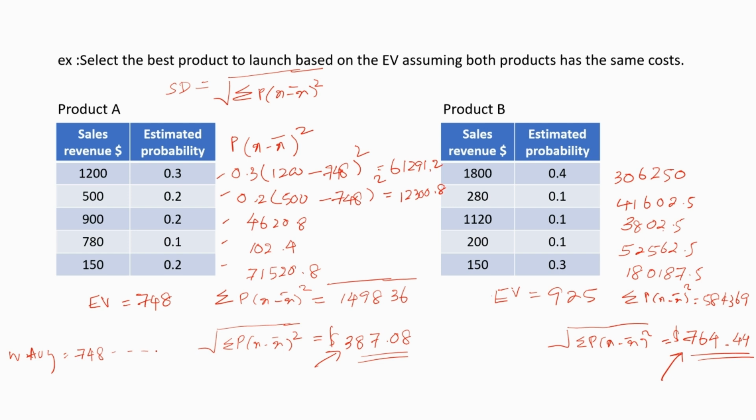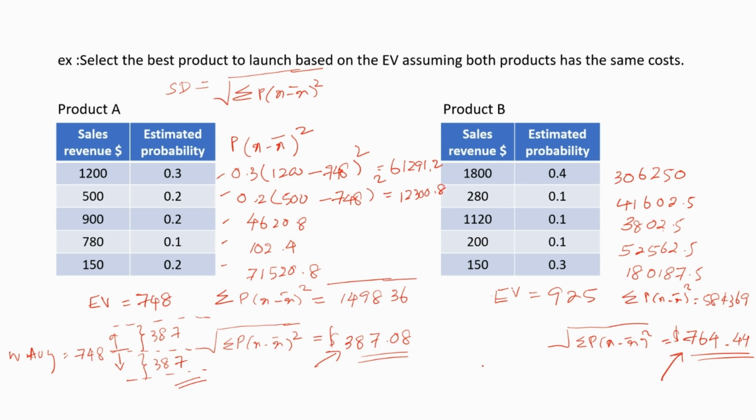So this is the level of the 748 outcome. All the other outcomes are varying on average above and below 387. This is what we have calculated. This is the standard deviation. This means the outcomes are varying above and below the expected value. So higher the standard deviation, higher the risk will be.